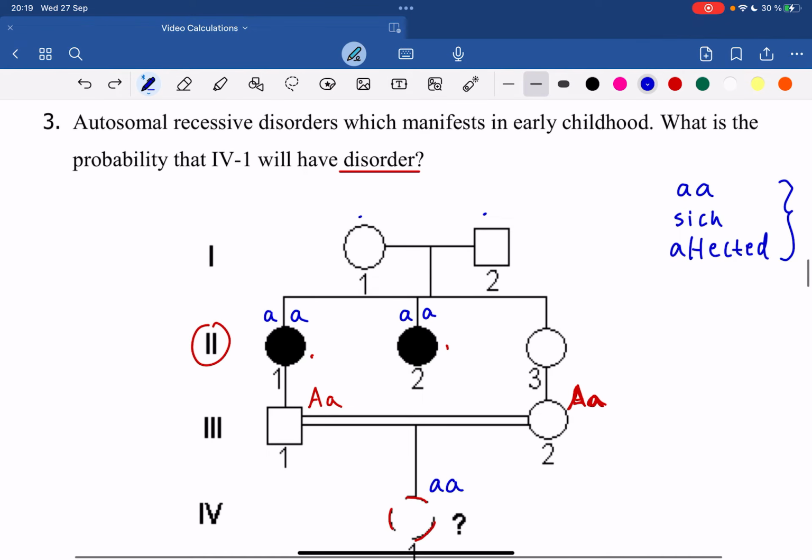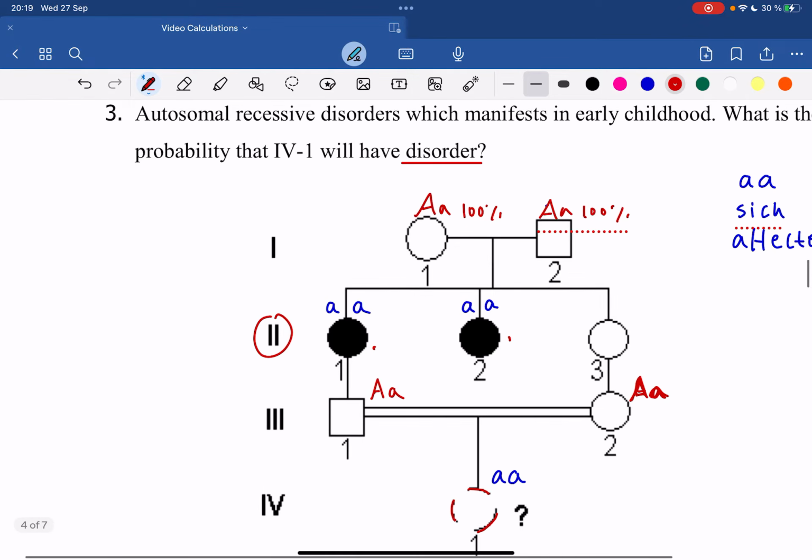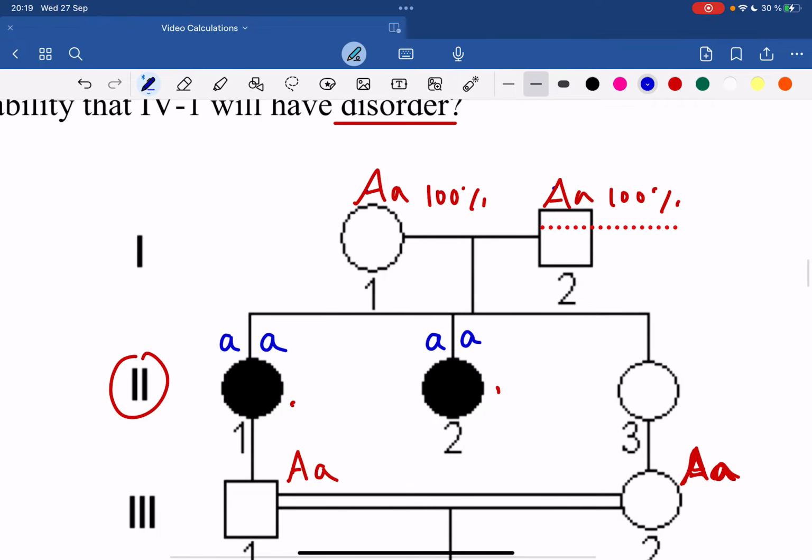So looking at it again, they're both healthy, child is sick, doesn't have to be one, it could be both, then they are 100% heterozygous. Why is that? Well, because one of these alleles that these kids have has to come from the father and the other one has to come from the mother.